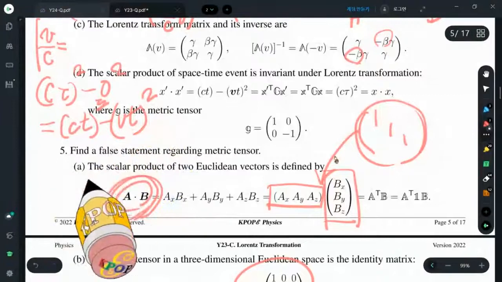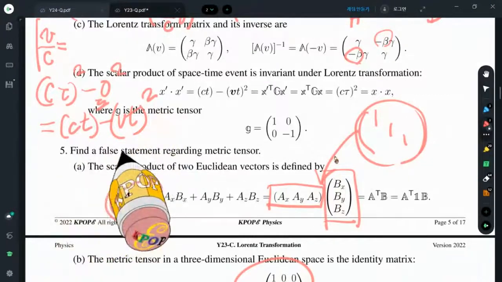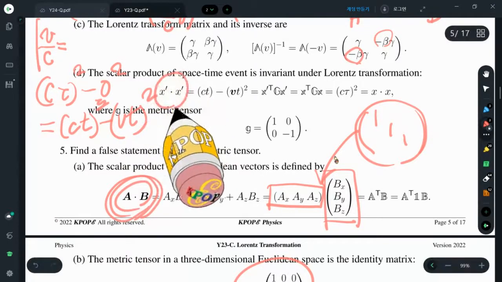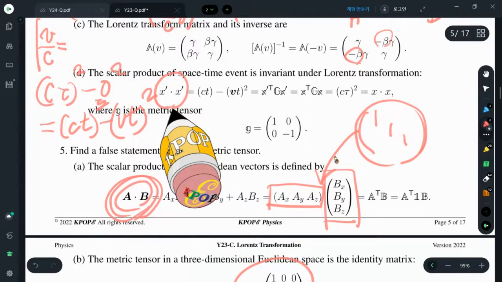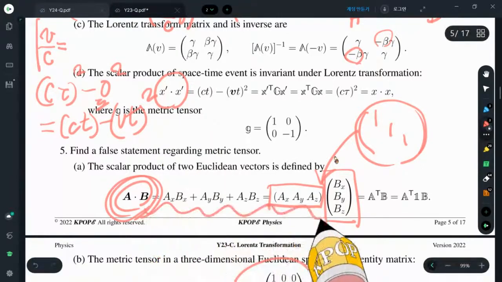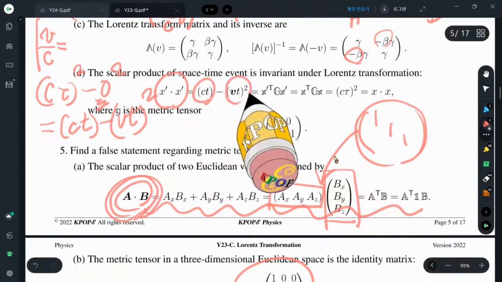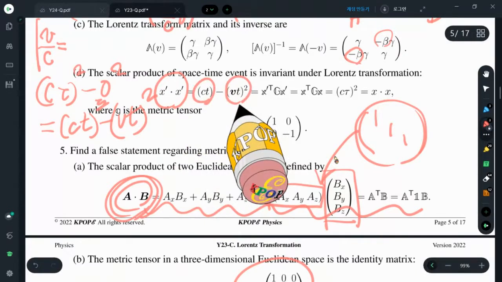That means the zeroth component subtracted by the spatial component is invariant. So the definition of a scalar product in Minkowski space is different from what we learned regarding Euclidean space. Instead, it is a square subtracted by a square.